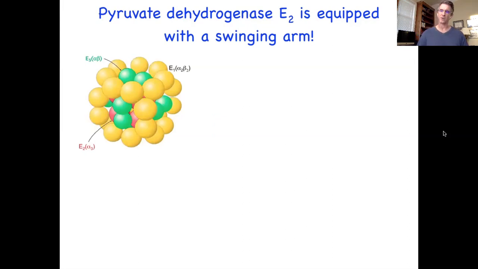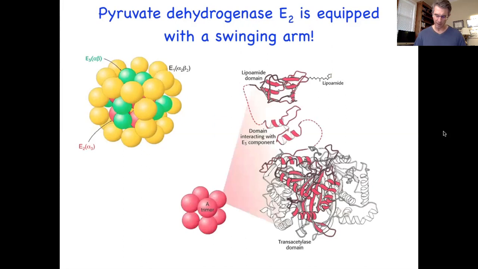Okay, well, the answer is that that lipoamide group, right? If you remember, it's kind of on a long little chain, but that's even stuck on this, the lipoamide domain of the transacetylase is on this big, long swing arm. So each one of these trimers has this long extended domain, right? That's on these extended loops. And then out on the very tip of that domain is that lysine residue that has that lipoamide group attached to that amide bond, right?